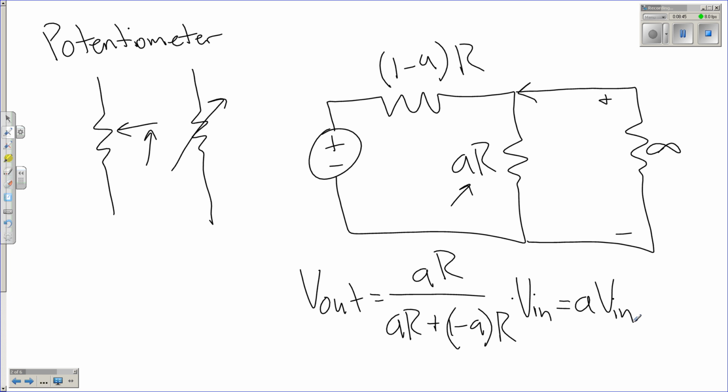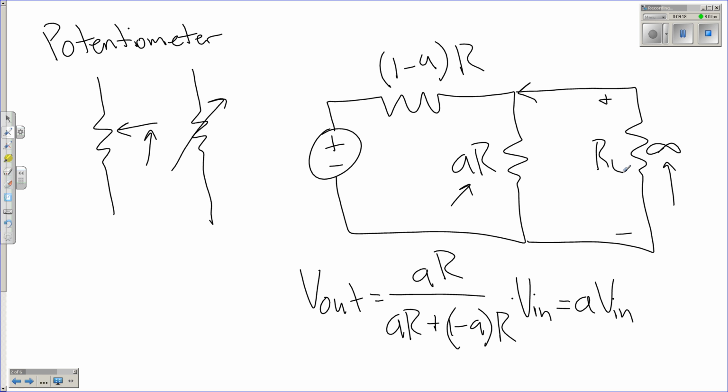One thing to note is this infinite resistance. We don't have a real infinite resistance. We can get really, really high resistances, but the important thing is relative. So in the notes, there's a graph comparing that infinite resistance, call it RL, the resistance of the load, and how close it is to the resistance in the potentiometer.